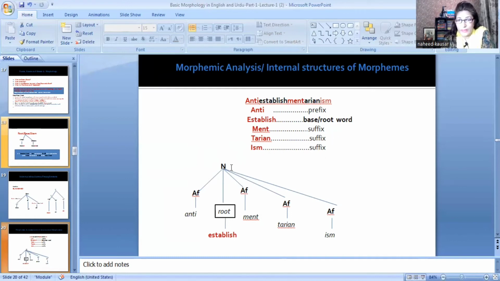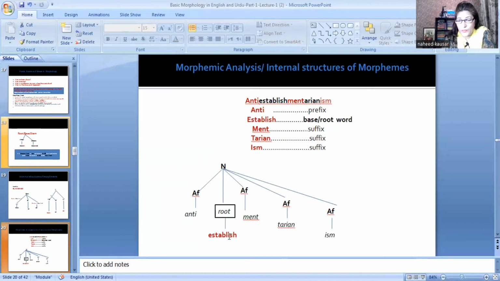That is why, to present it in a tree form structure, I marked it as N at the top, and then I further divided the whole word into its morphological units, with anti as its affix. Prefixes, suffixes and infixes all come under affixation, or the affixes altogether.